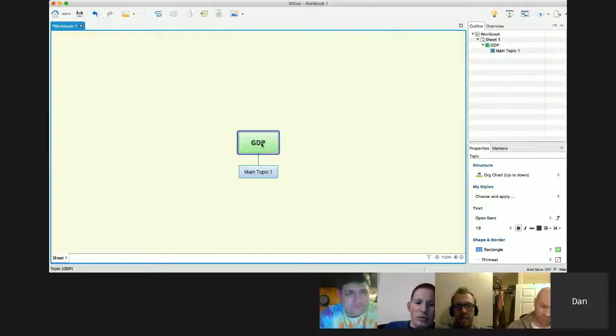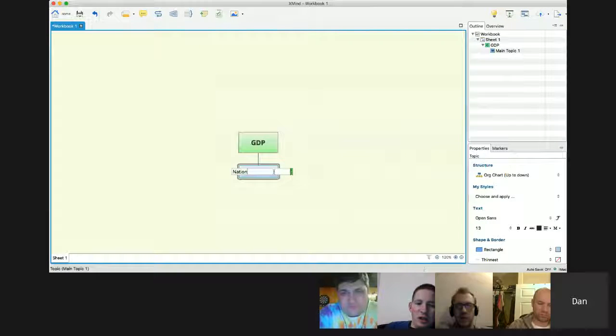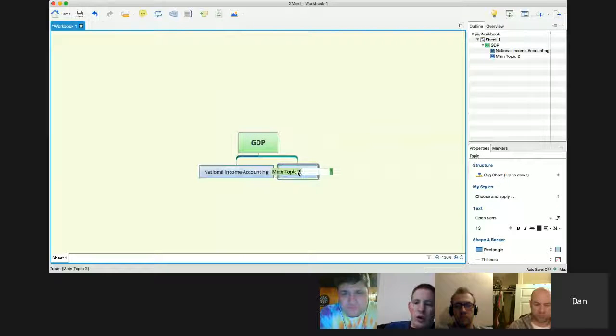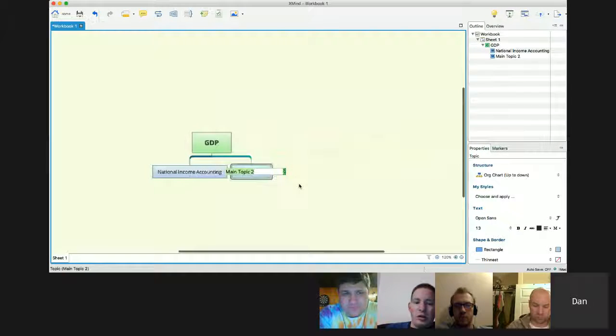Okay, let's do GDP as the central topic and have one main topic be national income accounting, and have it relate directly to the GDP and only the GDP, and then have our 2 approaches also coming off of that national income accounting, because they don't really tell us anything besides that methodology.